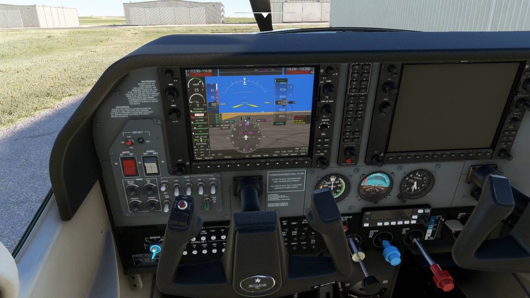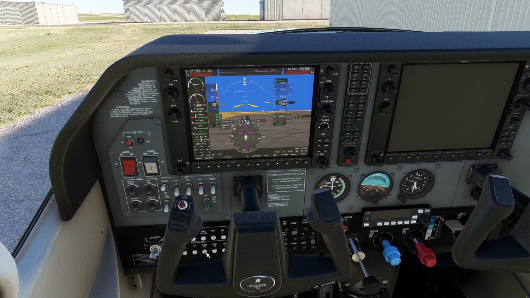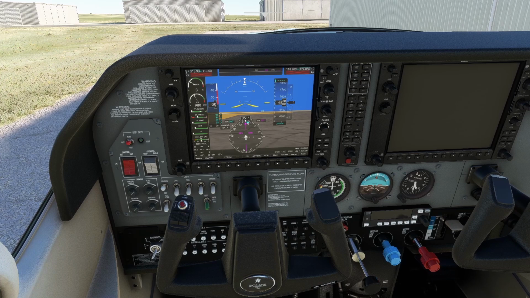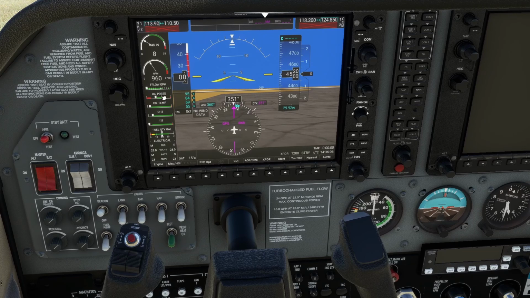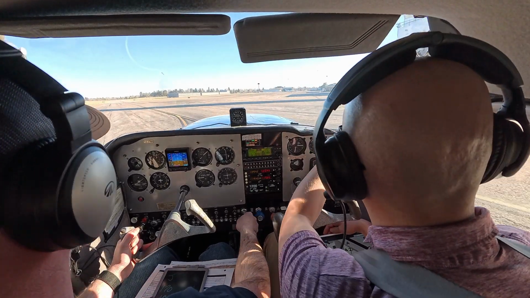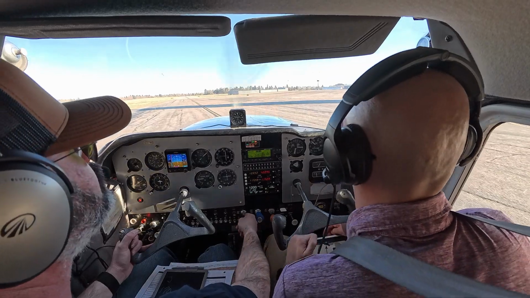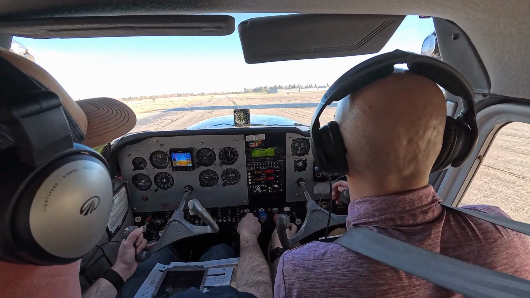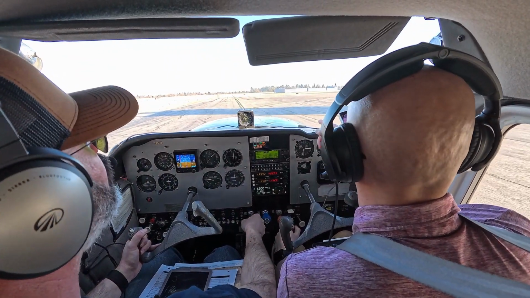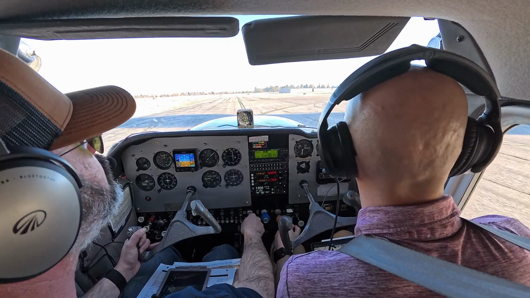During startup operations on a constant speed propeller, you want to leave the propeller lever in a high RPM, full forward state. By doing so, we're commanding the propeller to have high RPM, therefore the lowest resistance or drag as the motor gets started. Once the engine starts up, you'll find that throttling around like you normally would in a fixed pitch propeller airplane is more or less the same with a constant speed propeller.